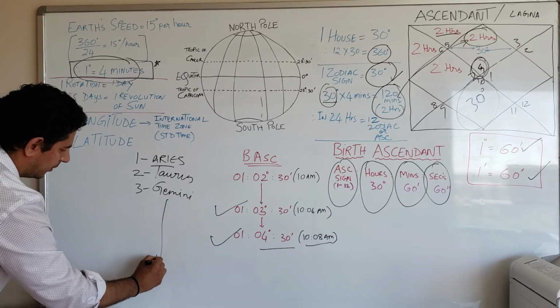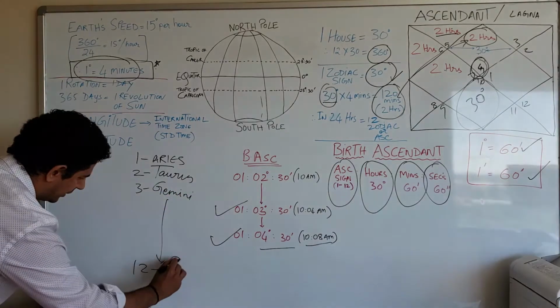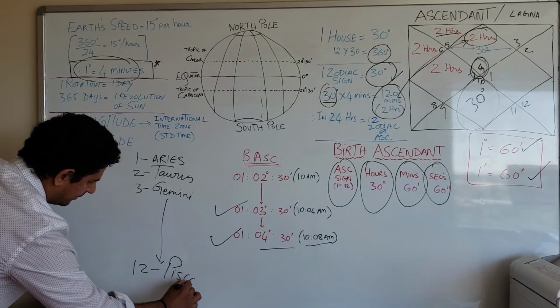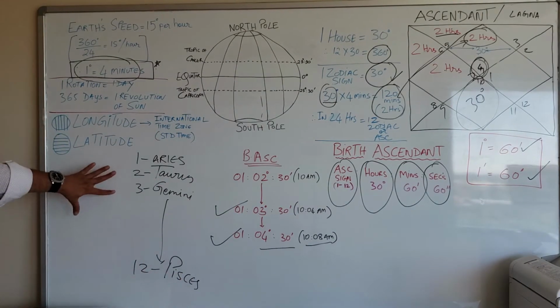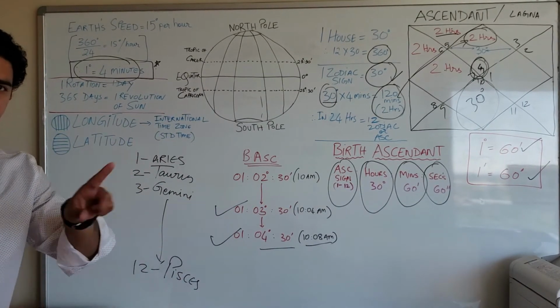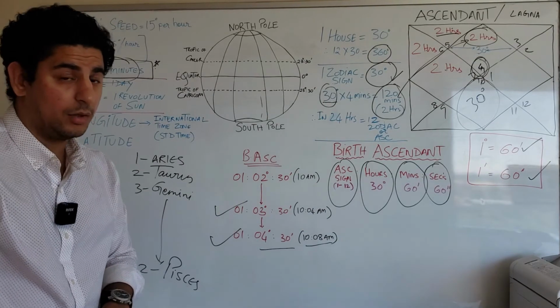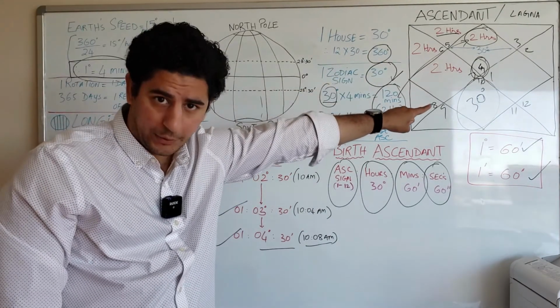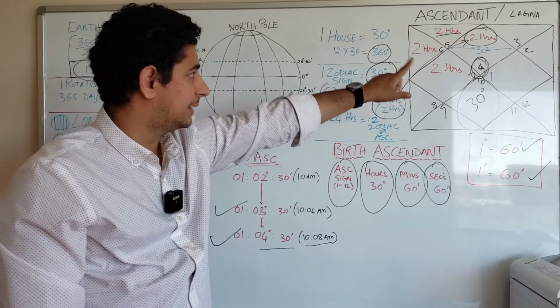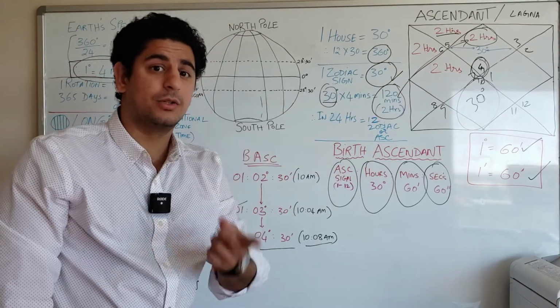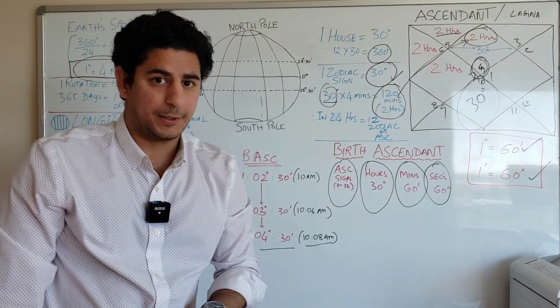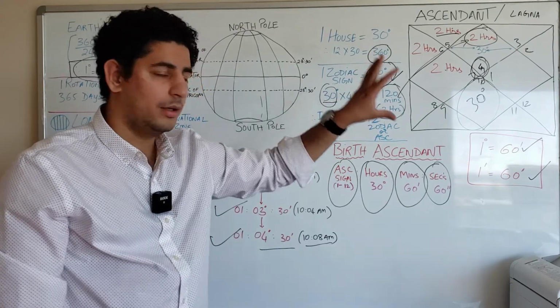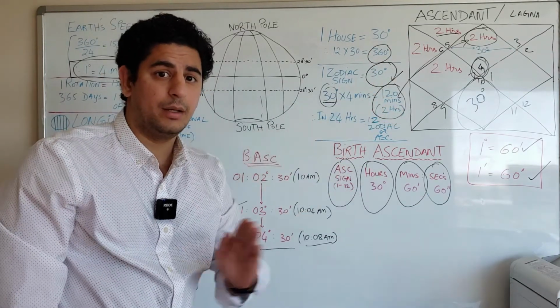It goes all the way to the 12th zodiac sign, which is Pisces. You can find this table in my description box. If it's, say, 6 in the first house, that means you are a Virgo ascendant. Your ascendant Rashi or zodiac sign will be Virgo.